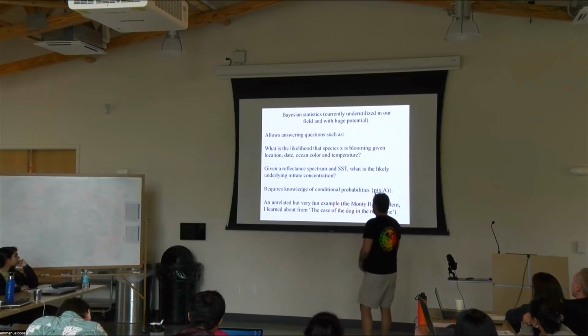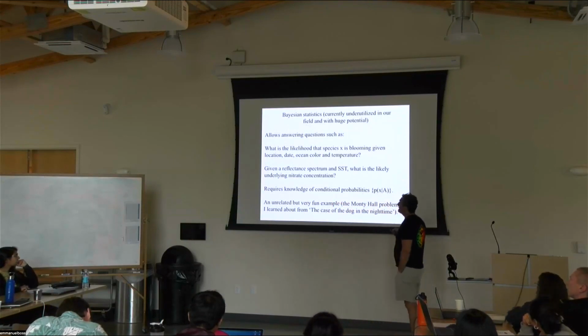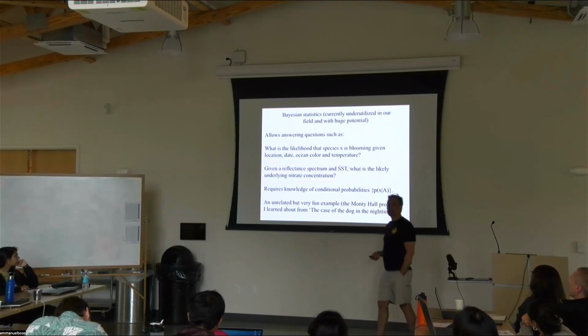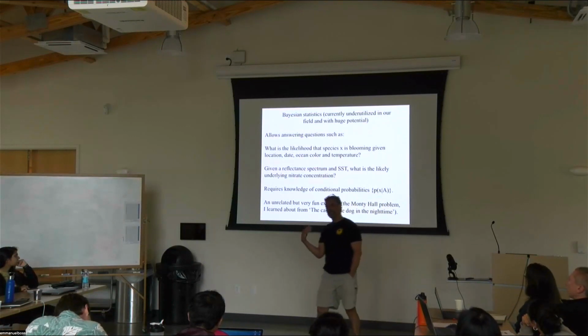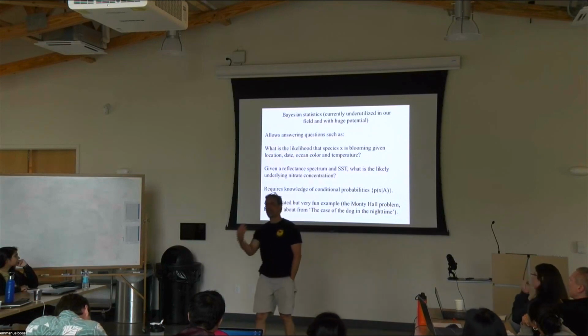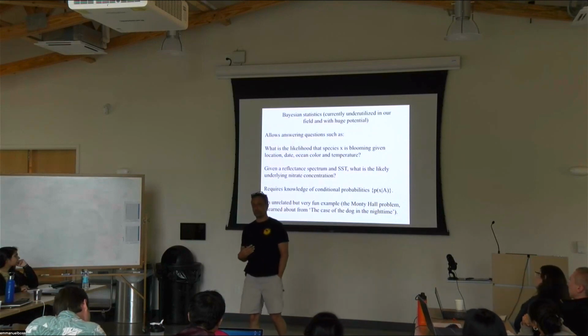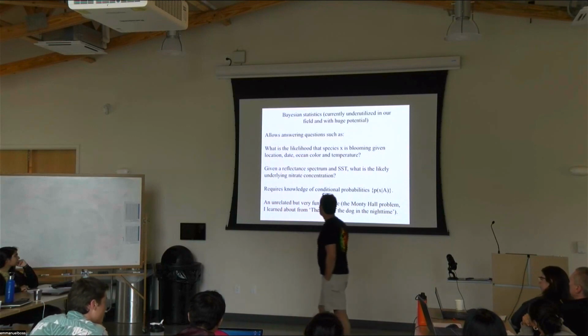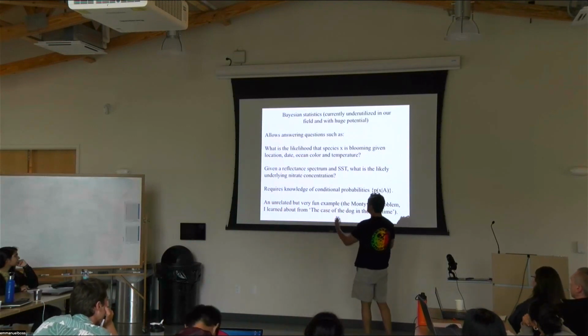So the Bayesian statistic is looking at questions like, what is the likelihood that a species X is blooming given location, date, and ocean color and temperature? So I'm using past data, all these, to help inform the future. Because there's certain probabilities between what we see.